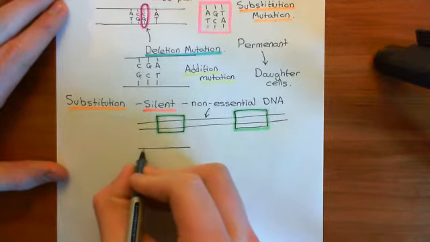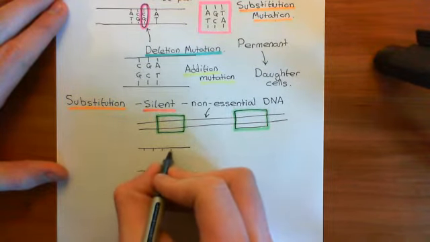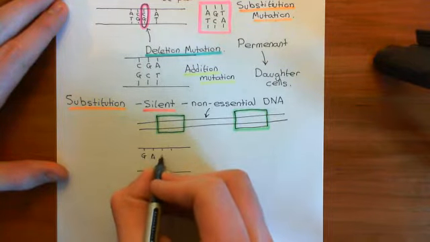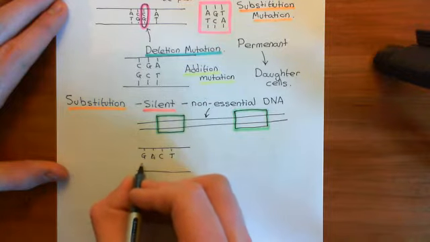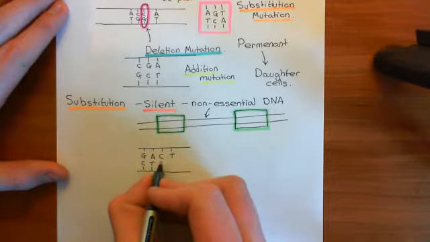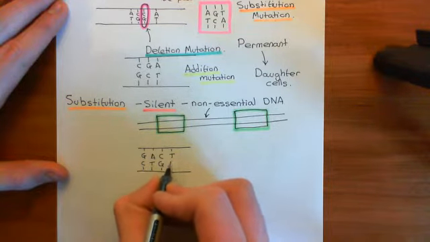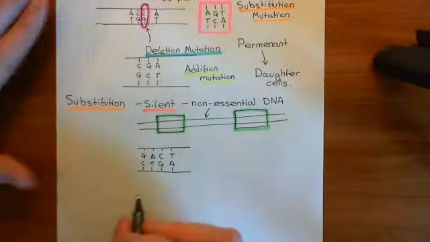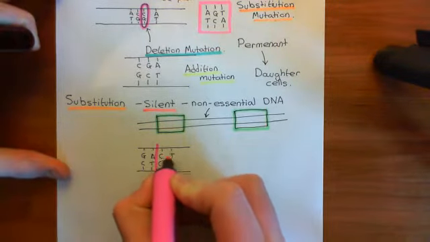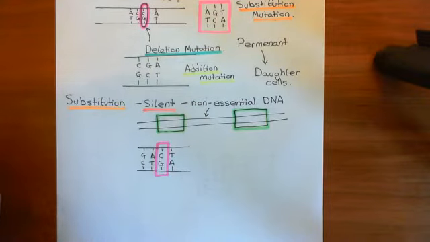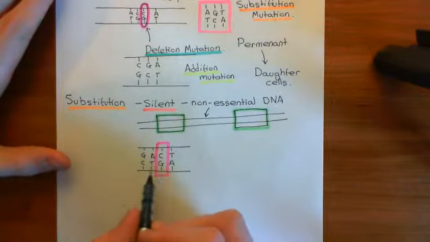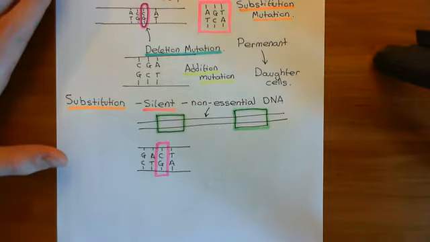Okay, so here, let's say this is our gene here, and we'll have some organic bases here. So let's have GACT here, and then we'll have the complementary sequence on the other strand, CTGA. Okay, right. So let's now say that we are going to substitute one of these organic base pairs here for something else. Okay, how can that be? How can it be that that is not going to actually affect the protein in any way?